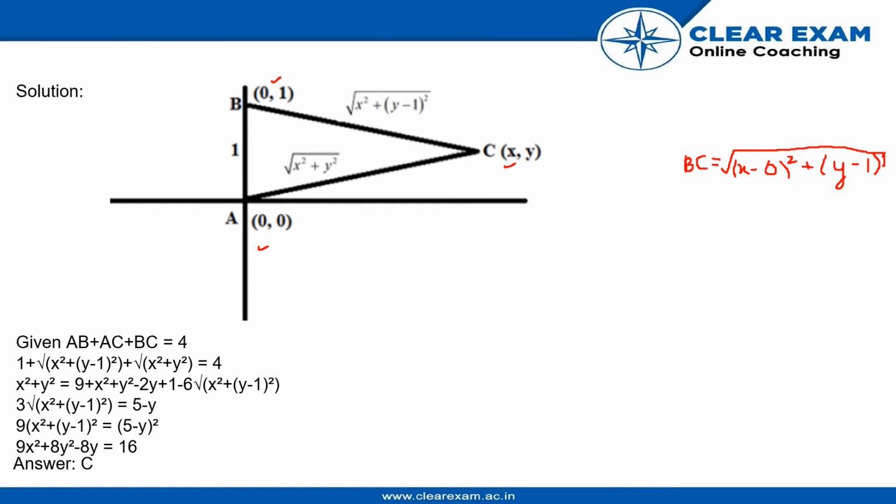So our BC distance is the square root of x square plus (y minus 1) square, as written down here.